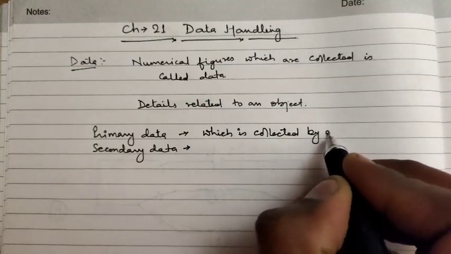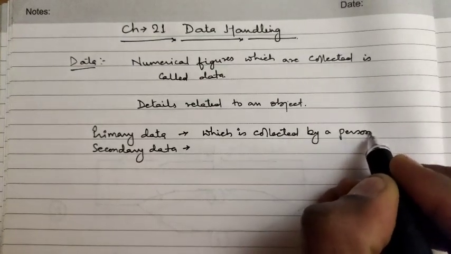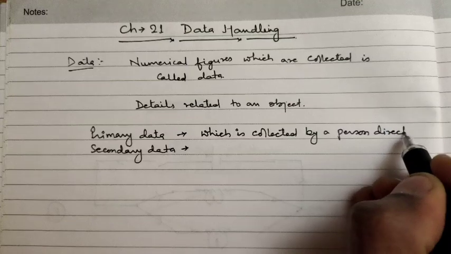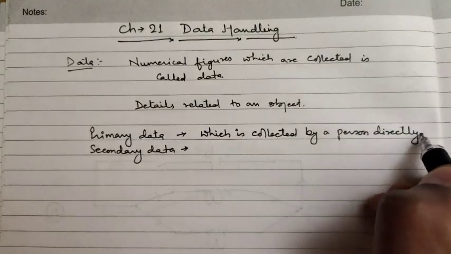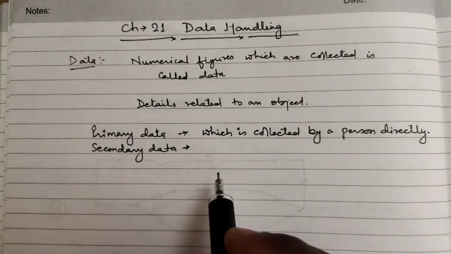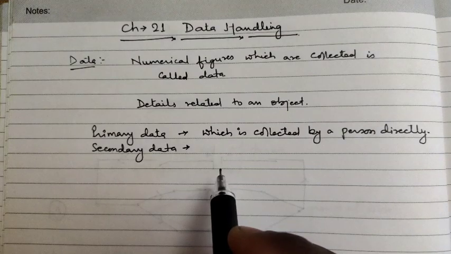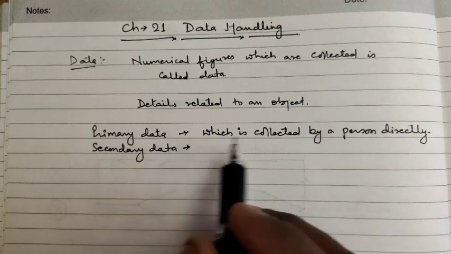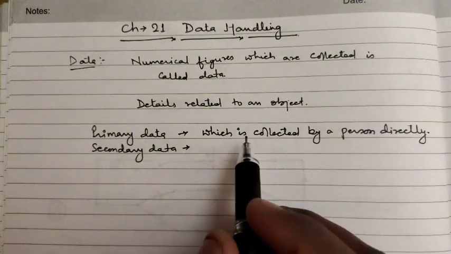Suppose, for example, I ask you for your name, your class, your phone number, your address, your father's name, your mother's name, directly from you.